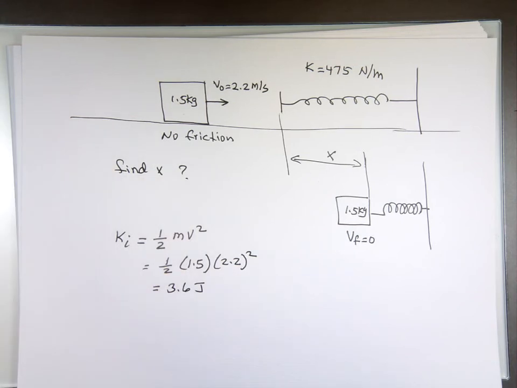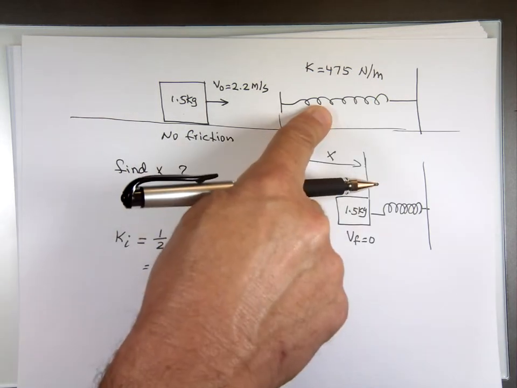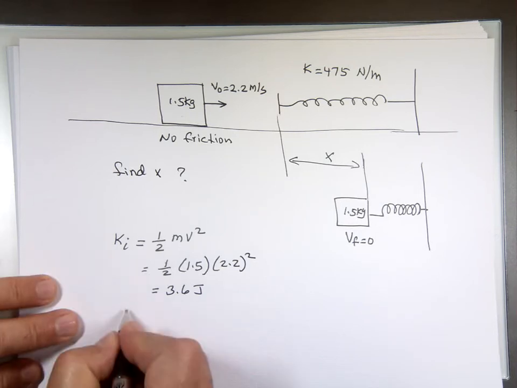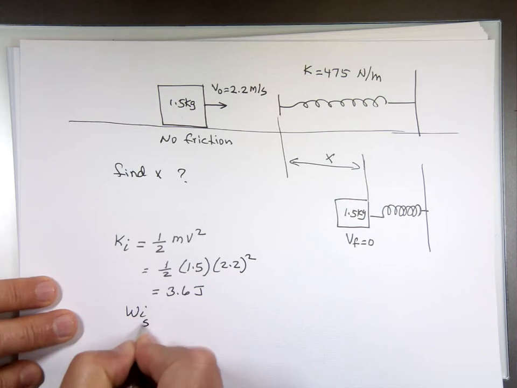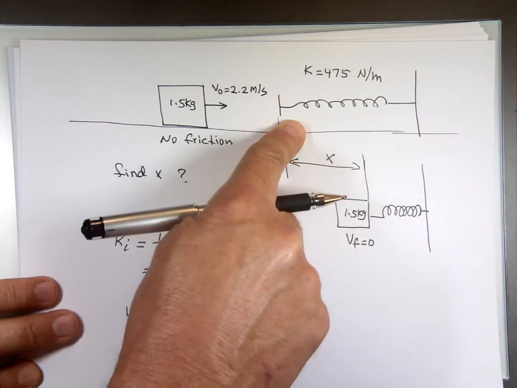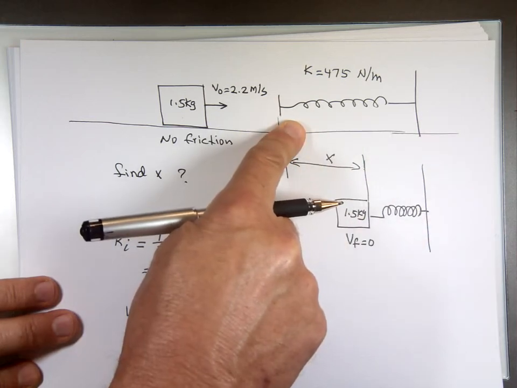How much energy in that spring right there? What did I use for a symbol for energy for a spring? I just didn't write anything. How much energy initially in the spring? Was that spring compressed or stretched initially? Nope, nothing. It wasn't touching.